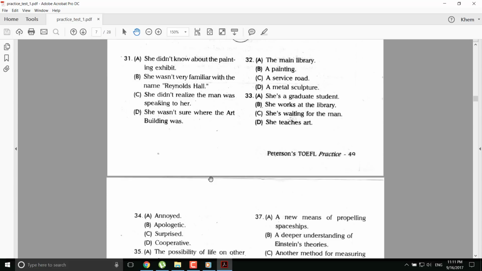Number 31. Why was the woman at first confused when the man asked her for directions? Number 32. According to the woman, what is directly in front of the art building?